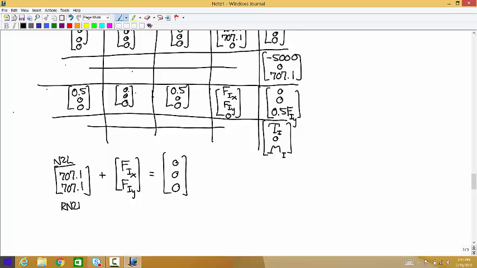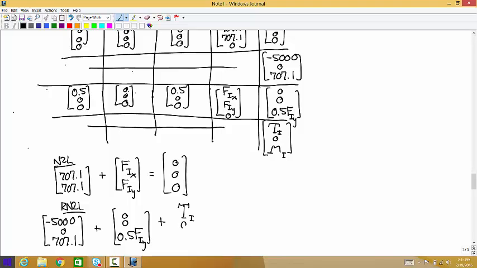And the moment equation says negative 5,000, 0, positive 707.1, plus 0, 0, 0.5 Fiy, plus Ti, 0, Mi, is equal to zeros. I wrote out the y equation here, but that's just 0 equals 0.